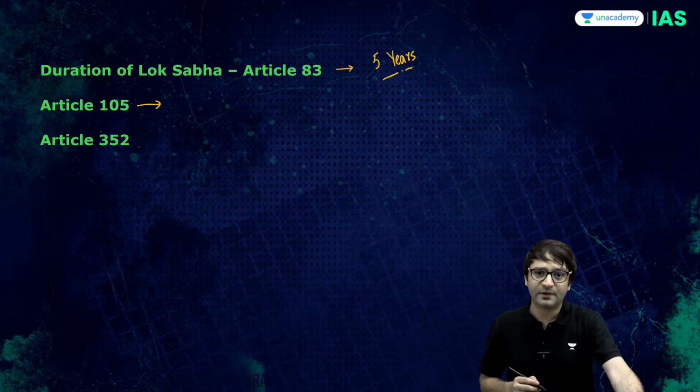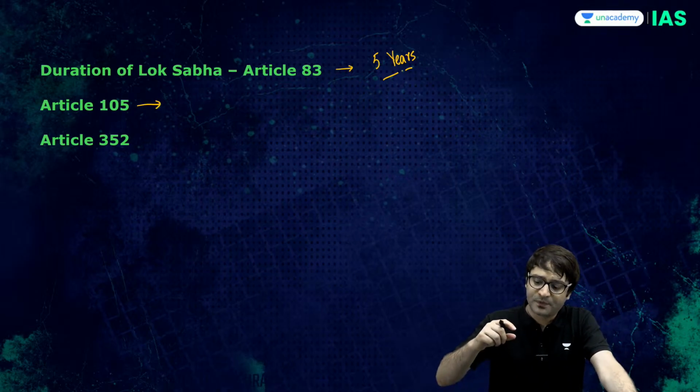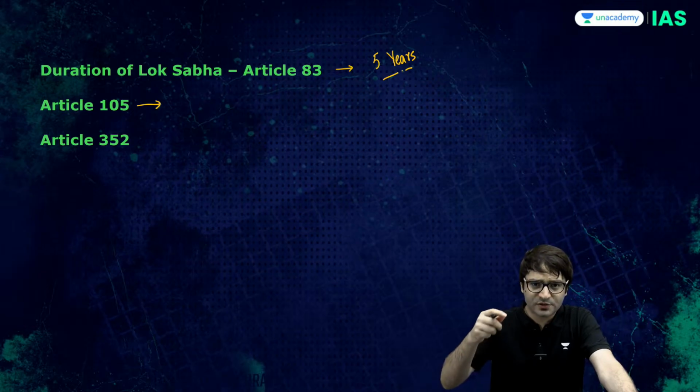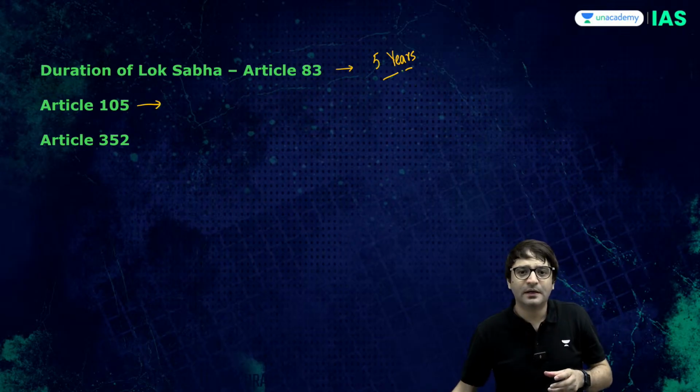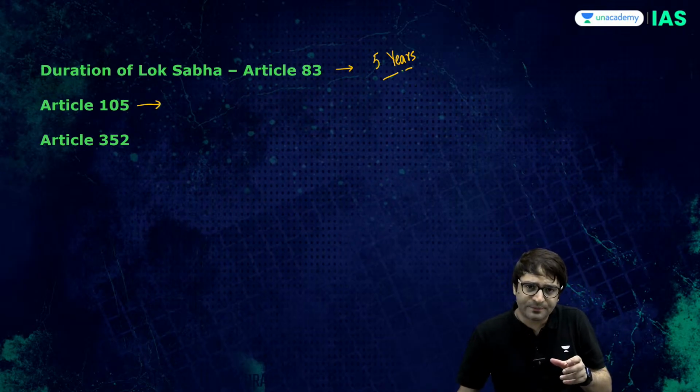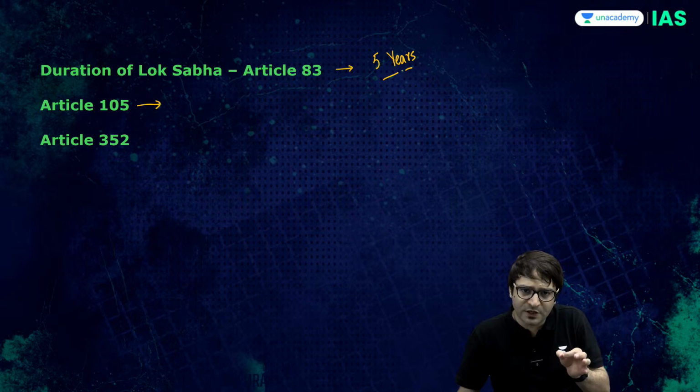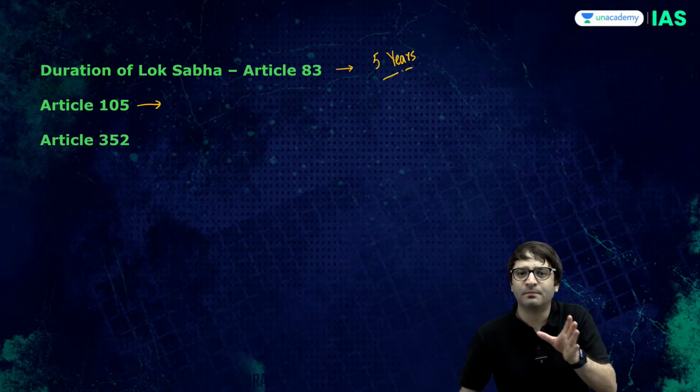Remember Article 105, which talks about powers, privileges, immunities of the Parliament and members of the Parliament. Initially, prior to this amendment, the Constitution said that all these powers, immunities and privileges should be defined by Parliament by a law.